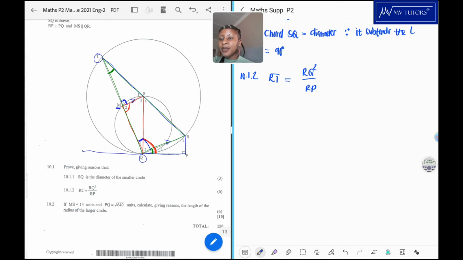I know that I have two triangles that are right angle triangles, so I'm going to see if we can prove that they are similar. Remember, there's a difference between similarity and congruency. Congruency is when they're identical, but similarity is when they are in proportion to one another. If I can prove the two right angle triangles are similar, then I think we can prove this RT shenanigan.